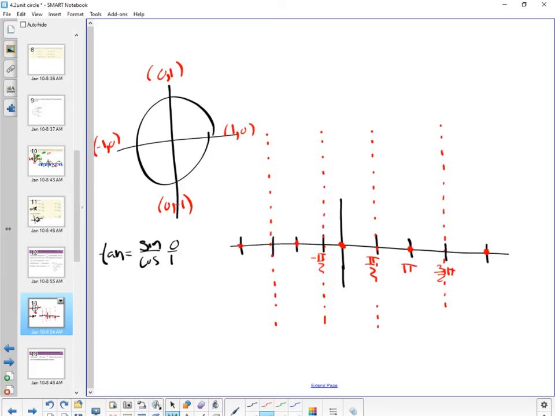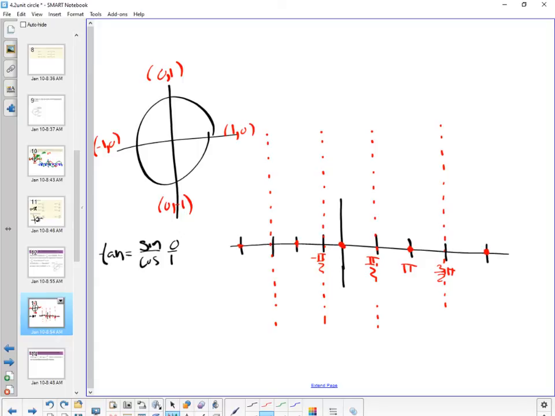At every half pi, every odd, to be more specific, because this is a pi half, right? This is 2 halves pi.